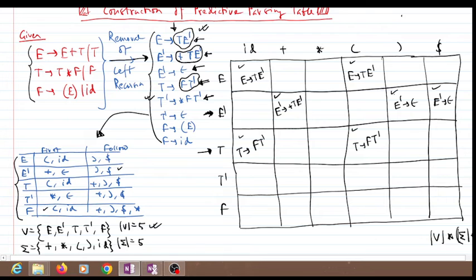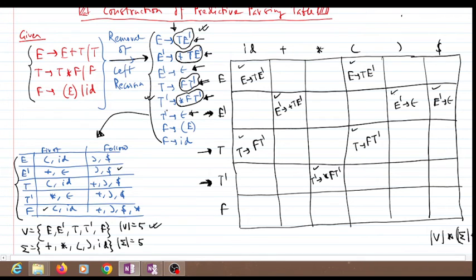Now consider this production rule. T dash produces star F T dash, that is we are dealing with this row. So first of this right hand side will be star. So we have to fill T dash produces star F T dash here. Now consider this production rule. Here the right hand side is epsilon, that is we are still in this row.